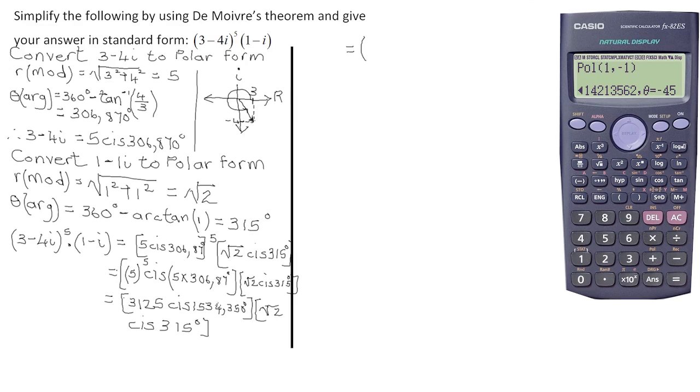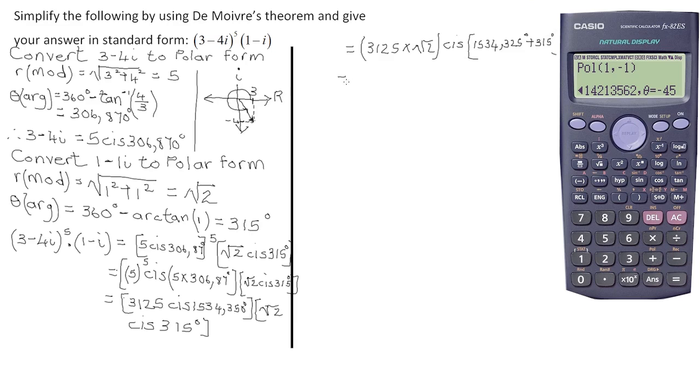You multiply the two moduluses, 3125 times the square root of 2, and cos, you're going to add now the two arguments, 1534.350 plus the 315 degrees.